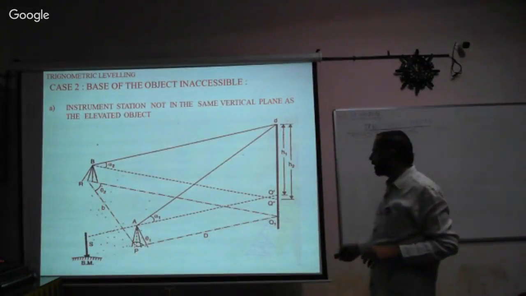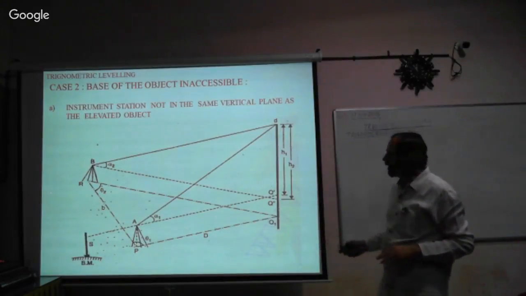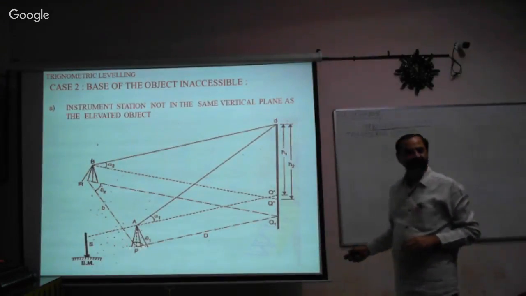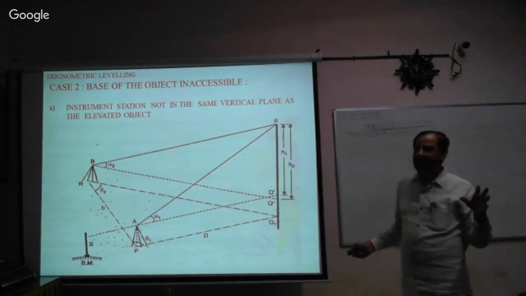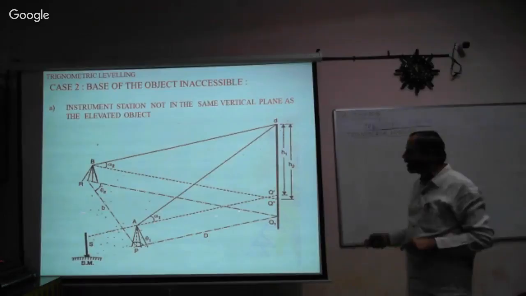This is station 1, this is station 2. Now here also, the same thing. Install the instrument, level it carefully, then make the line of sight horizontal, then measure the vertical angle.